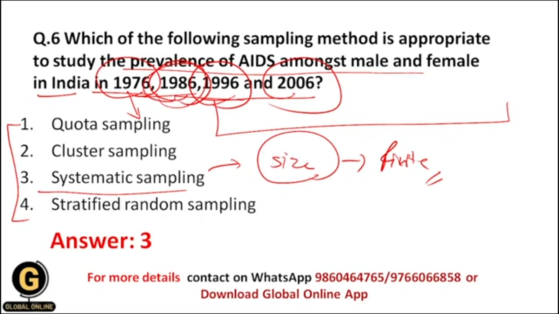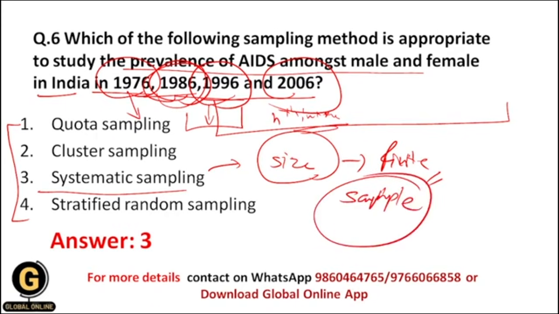Then after that he will randomly choose the sample in the first interval. Then he will choose the samples at every nth interval in the subsequent intervals, and finally he will make a proper sample, okay, and then accordingly he will study by using this sample only. So why will the researcher follow this sampling technique?